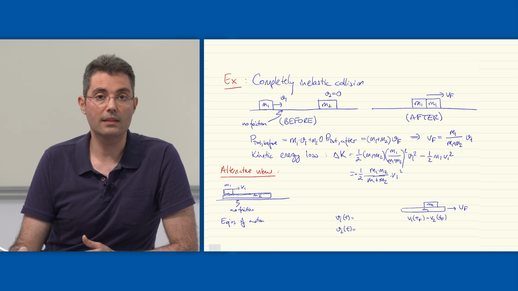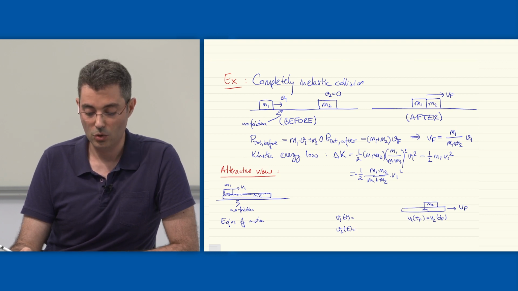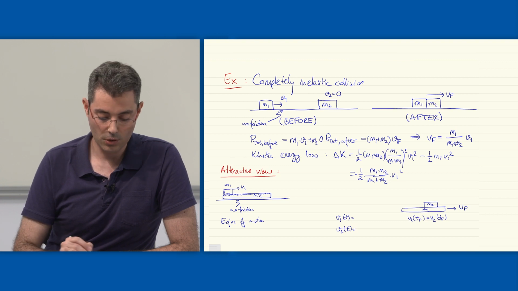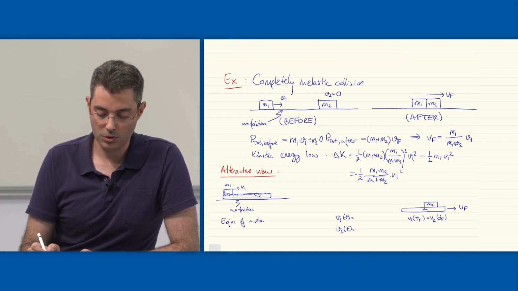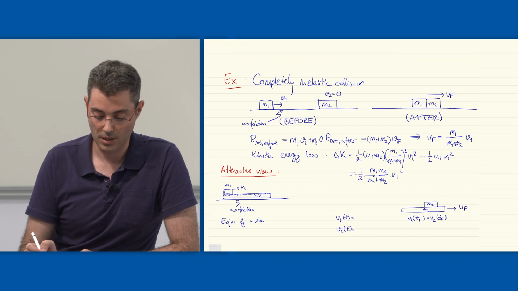Why is that? Because then their relative motion will be 0, so there will be no kinetic friction between them, and they will keep on with the same velocity. So if you look at it as a collision, we go from the first state to the second state. These would be our before collision and after collision situations.